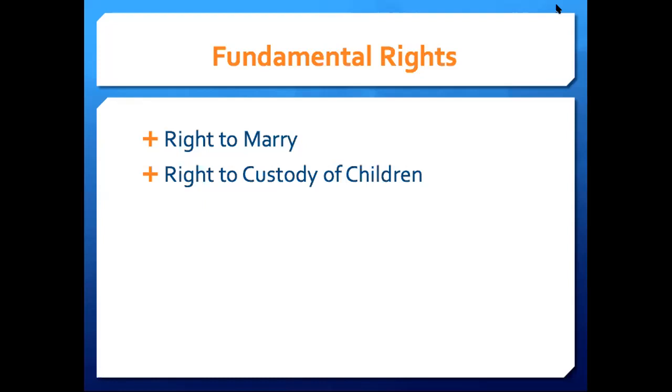And the children's mother was opposed to the grandparents having this visitation right and brought a challenge to the state's law on the grounds that this interfered with her fundamental right to control the upbringing of her children.